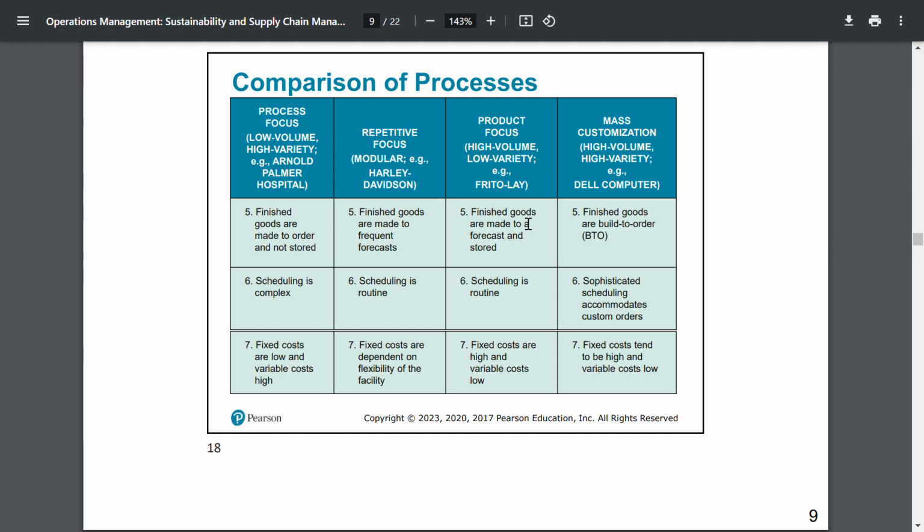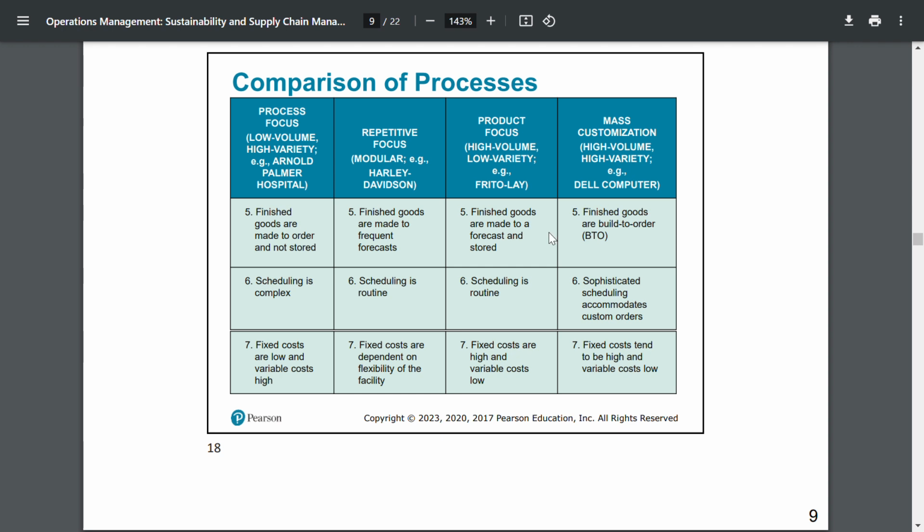And for mass customization, we have finished goods built to order, so BTO. The goods are built to order. So when someone orders a product, we build it for him and we give it to him. Or when there is a specific demand for a specific product, we forecast that demand, so we build that product.